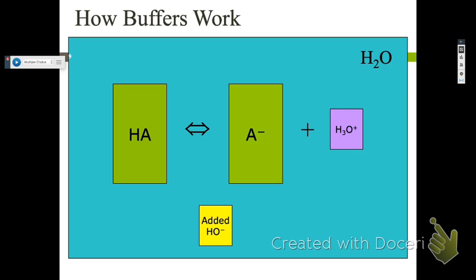There are two different ways you can look at this. Humphrey? Is it going to react with H3O plus or HA? Whichever it sees first. If it uses up this, what happens to these concentrations?